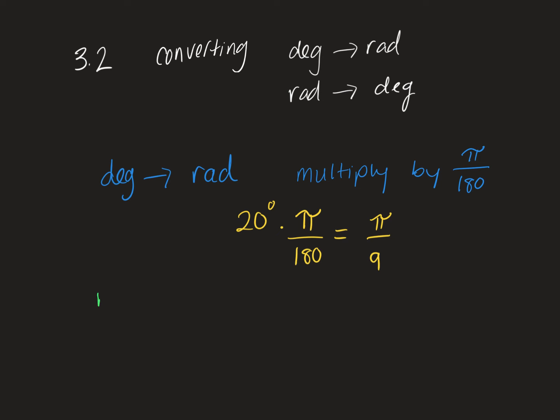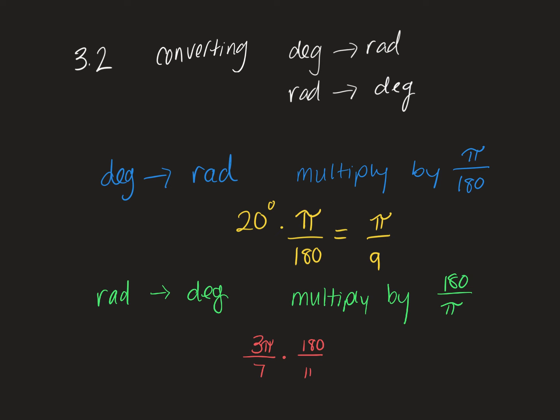Right, and when you go radians to degrees, as Micah said, you go the other way, so you flip that fraction. So let's do 3 pi over 7. We multiply by 180 over pi. So the pi's cancel.